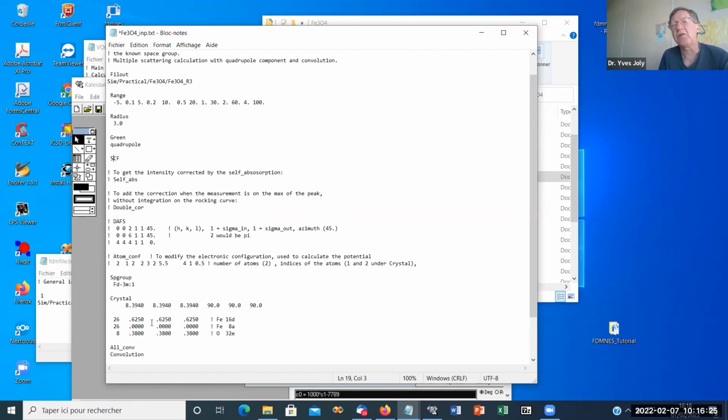So if you want your self-consistent calculation to be done with the core hole, you have to write the keyword SCF-EXC, like self-consistent field excited.